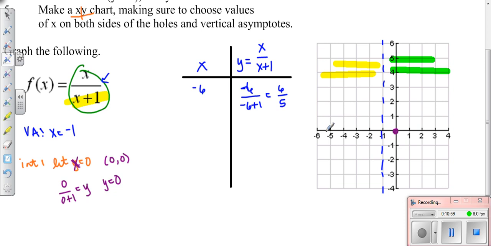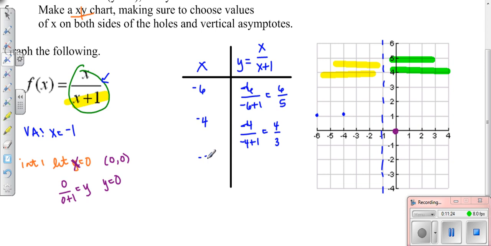So at negative 6, I have something just over 1. If I put negative 4 in here, I have negative 4 over negative 4 plus 1, which is 4 over 3. So at negative 4, I'm just over 1.